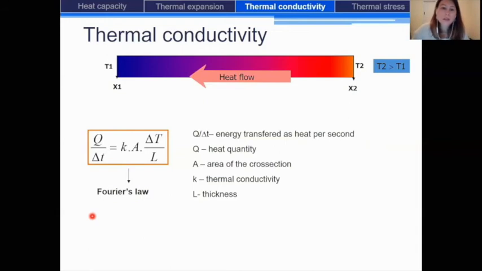So here we have the energy transferred as heat per second, which is equal to the thermal conductivity, the area of the cross-section of the material, and the variation of temperature along the thickness or the length of the structure.